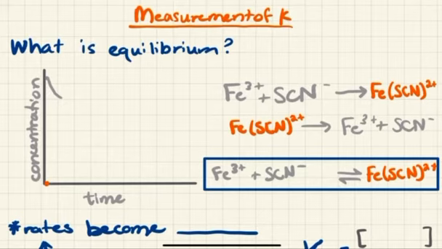So over that same course of time, as some of our Fe and SCN ions are reacting to form product, we're seeing that product start to appear. So that's what that little initial line is there to represent. Eventually, and as I already mentioned, the reverse reaction is going on at the same time.